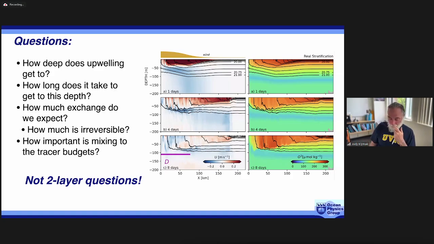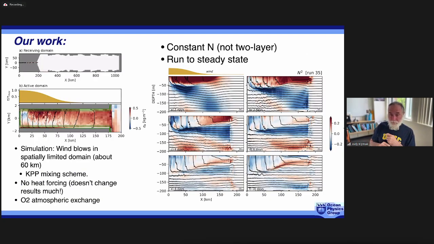And so what we did was we did a study where we systematically, same sort of setup, ran through a whole bunch of constant stratification cases, not two-layer, where now this stratification is constant. And then we run these to a steady state, and we had various wind forcings that we used. And so this is an example of one of those runs. And again, you can see the fresh water gets pushed out early in the run.